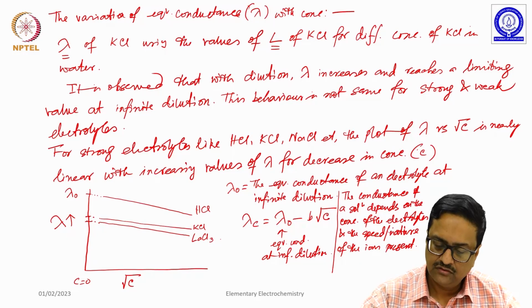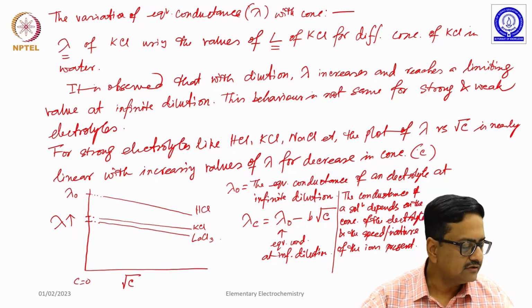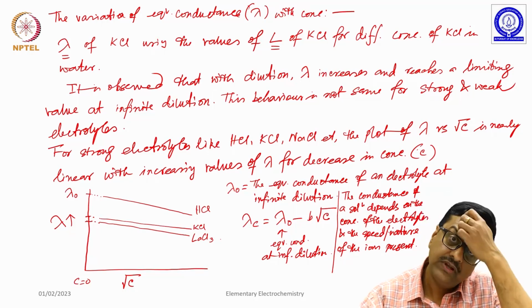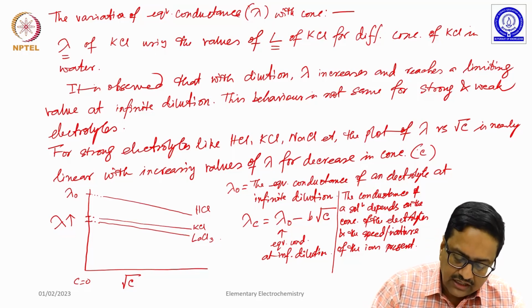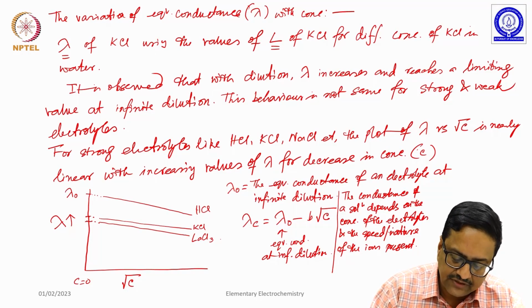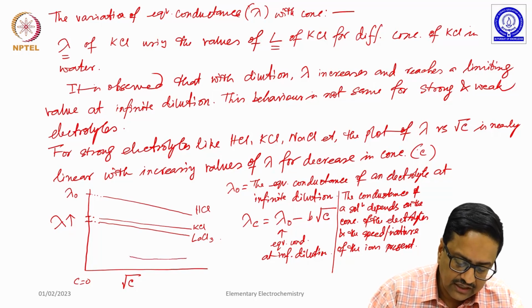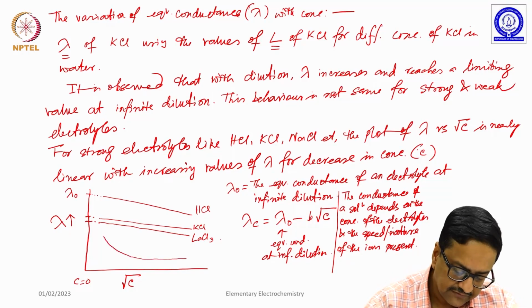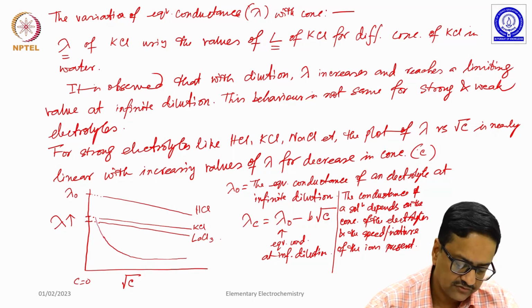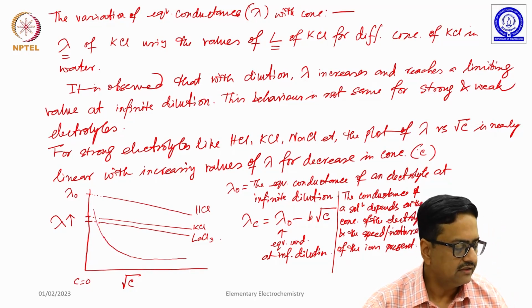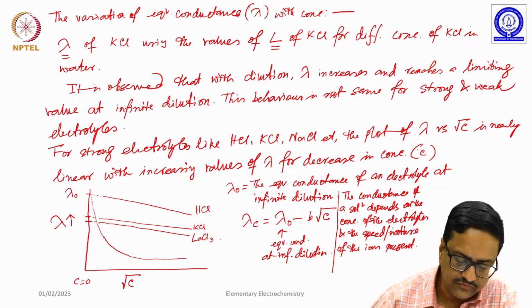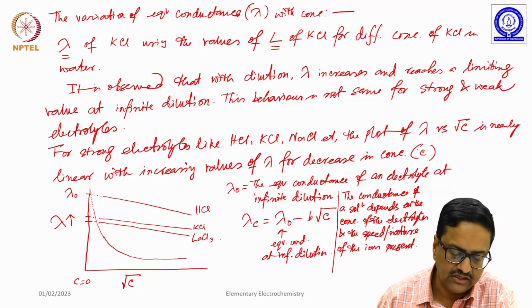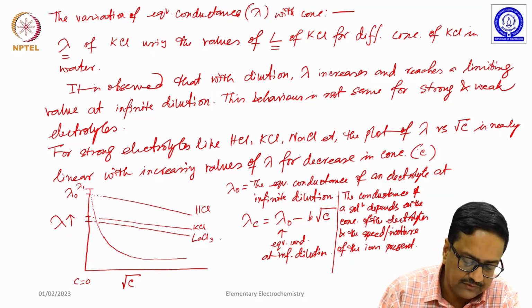So when we start thinking about it, what we see is that in the case of weak electrolytes like acetic acid, the graph or the plot changes significantly. For weak electrolytes, we see a graph like that, which tends to go up in this manner. When you try to extrapolate it to the concentration C equal to 0, it reaches again some value lambda 0.